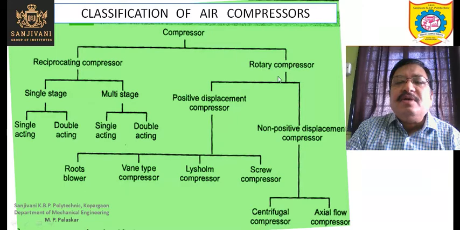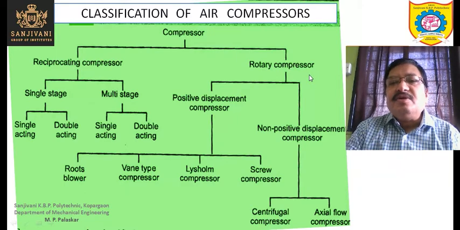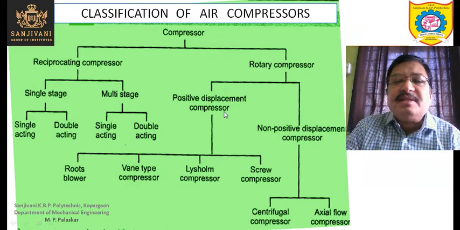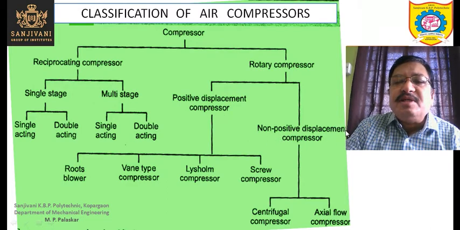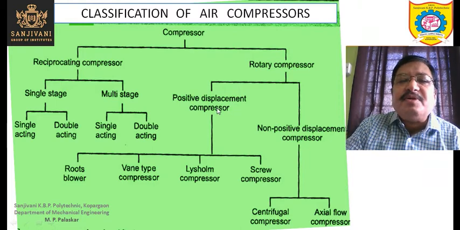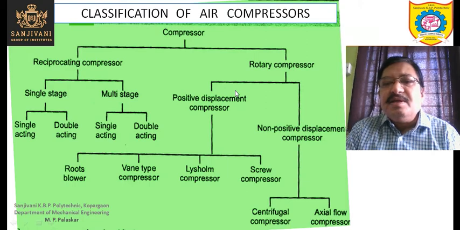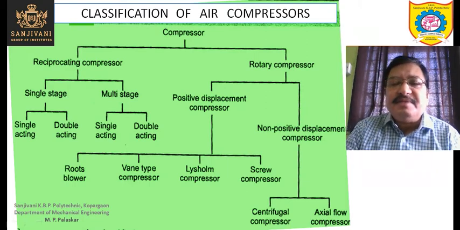Now let us go to the rotary compressors. The rotary compressors may be positive displacement compressors or non-positive displacement compressors. There is an important difference between them, so you should understand this difference carefully.